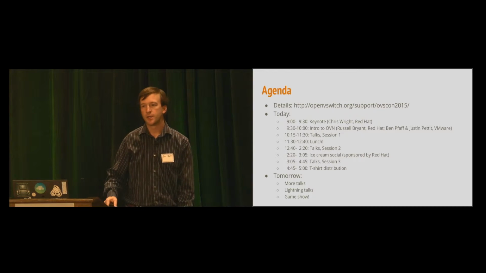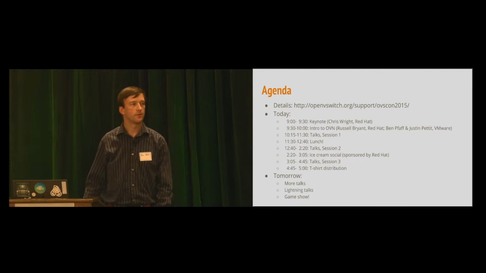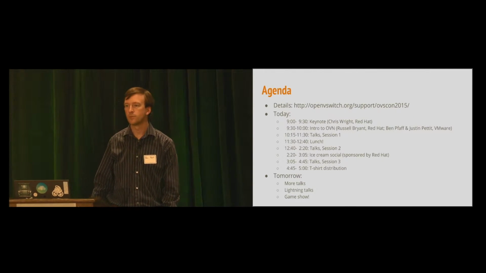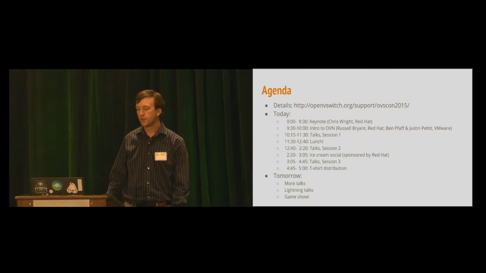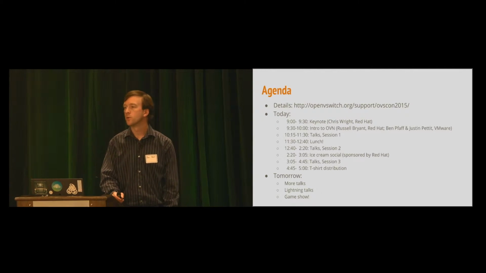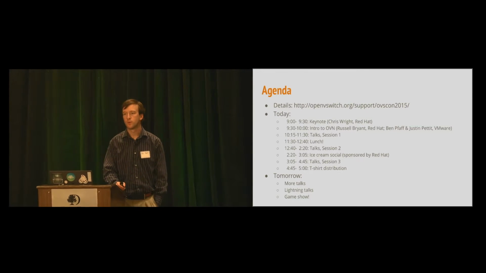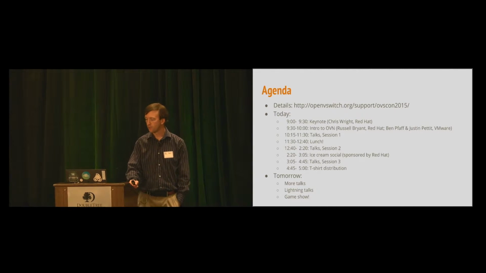So about our agenda today. The agenda is posted at the URL you can see on the slide there. You can also get to it by going to openvswitch.org and then clicking on the link for the schedule. What we have for you today is first a keynote from Chris Wright at Red Hat, and then Russell Bryant and Justin Pettit and I will give an introduction to OVN, which is a new major project within the Open vSwitch code base that we've started to work on since January.